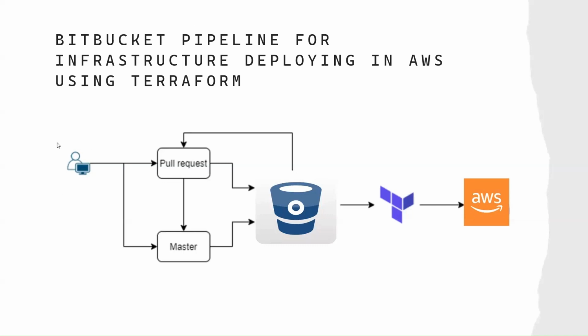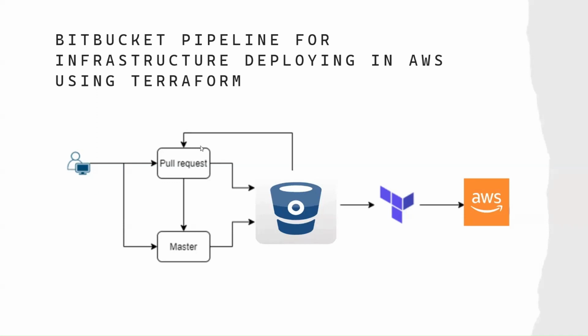Let's assume you are a developer writing some Terraform code for creating infrastructure. Similar to GitHub Actions, Bitbucket also has a concept called Pipelines, where you can write a set of steps to execute Terraform commands or any scripts you want, as CI/CD pipeline steps.